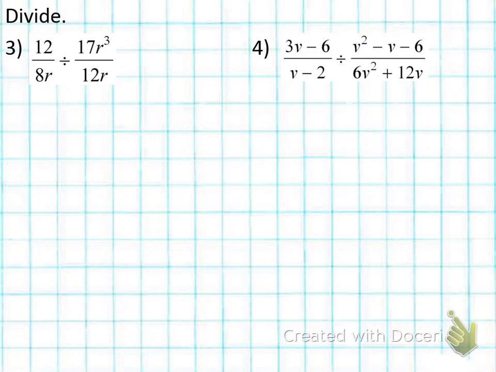Number 3. You have 12 over 8r divided by 17r cubed over 12r. Okay, we're just doing number 3 right now. Turn to your neighbor and identify any excluded values on the first step.